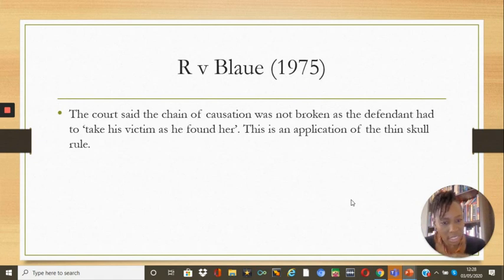And that is because the court is reluctant to break the chain of causation in most cases. Reluctant to break it when it's a third party, and that third party is doctors or medical professionals. And in this case, they were reluctant to do so when the defendant argued that it was the victim's fault because she had refused to have treatment.